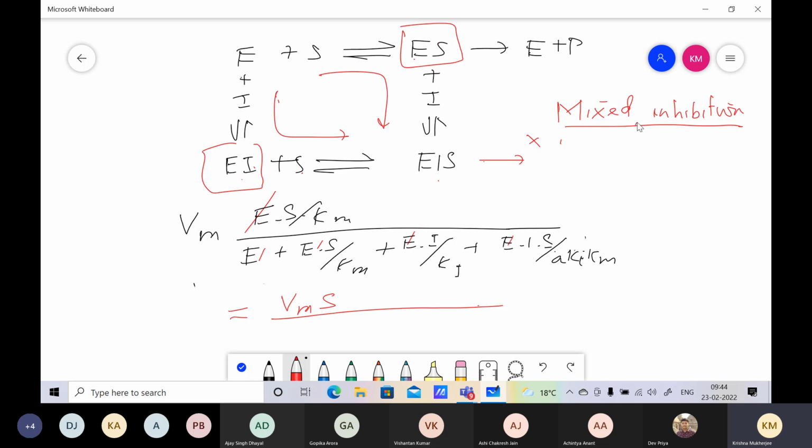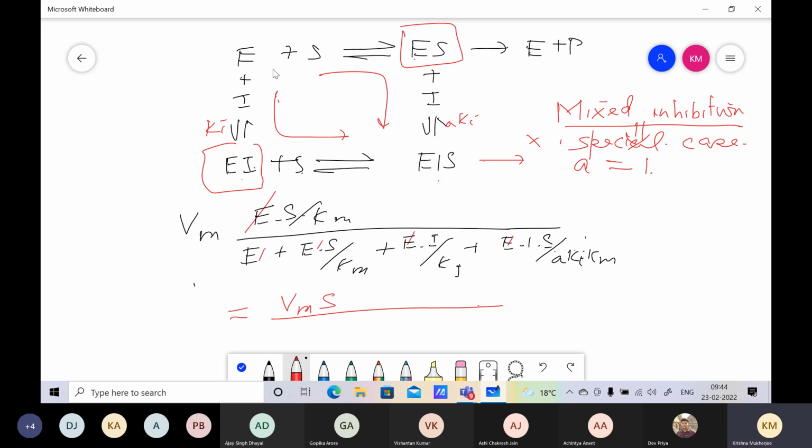Now, a very special case of mixed inhibition is when alpha is equal to 1. Remember, this was alpha Ki, this was Ki, this was alpha Ki.